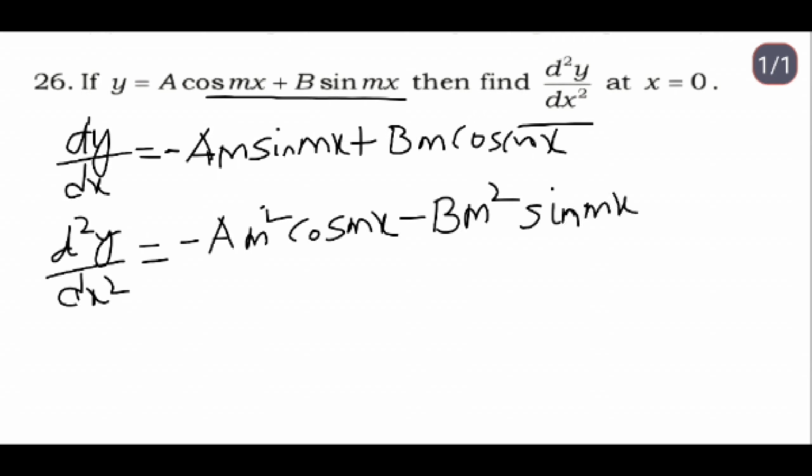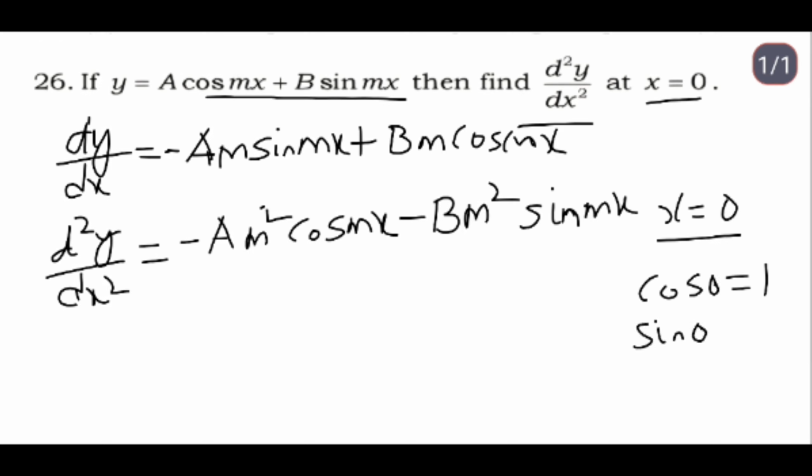If you substitute x = 0 according to the above problem, cos 0 is always 1 and sin 0 is equal to 0, these terms you should know.